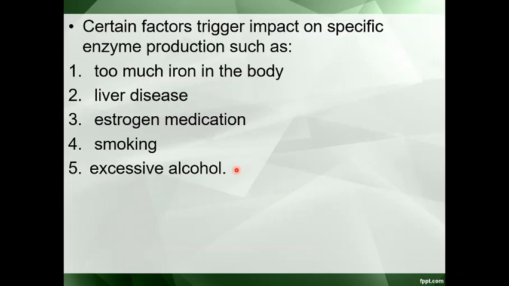For example, acquired porphyria is triggered by a large amount of iron in the body, liver diseases, estrogen medication, especially for birth control, smoking, and excessive alcohol. All these factors can lead to acquired porphyria.